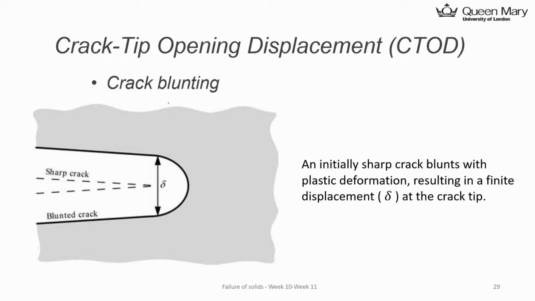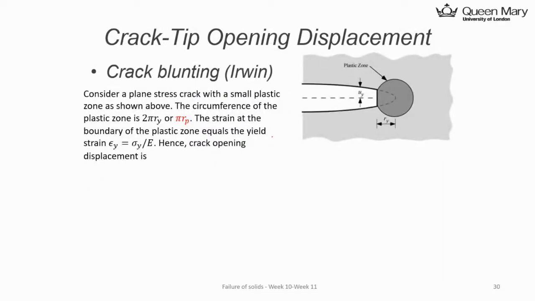Because there's a crack blunting here, you have this crack opening displacement delta. How to get that value? First of all, let's look at the plastic zone, which is a circular shape we derived before. We have found the actual answer for the plastic zone, RP, okay?